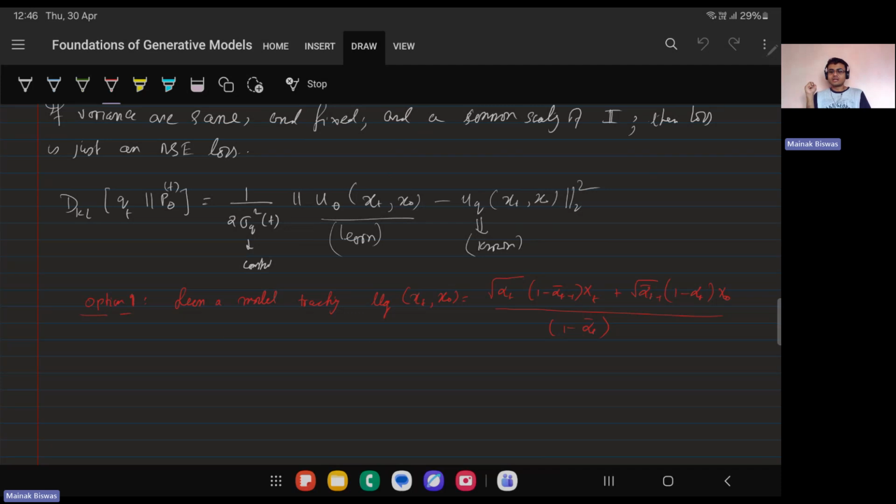Okay, I can do that, track this. I can put this value in the equation and I can track the data. But for this, I need both xt and x0. It's a bit of a cumbersome process. I will have to do the forward process and things like that.